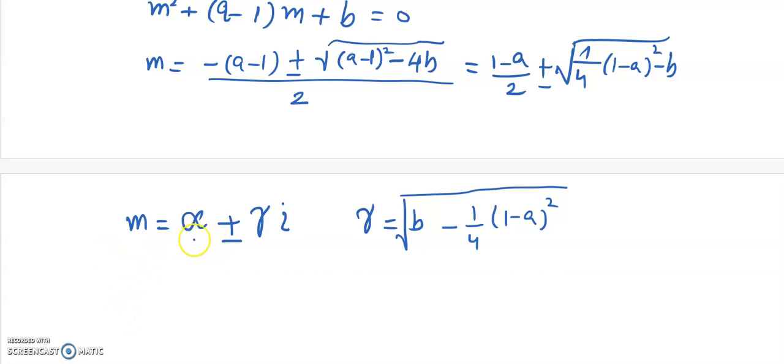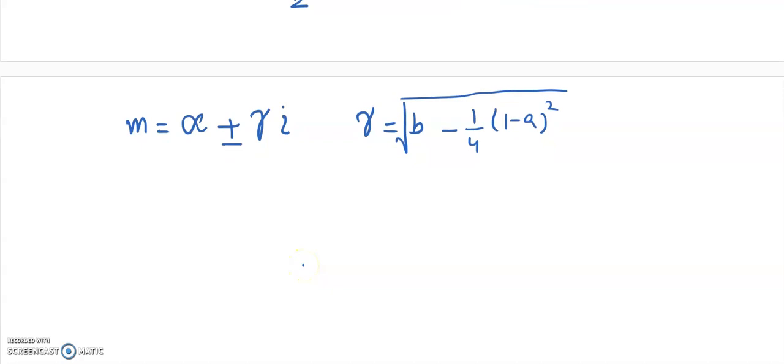So in fact these are the complex conjugate roots, but these are also distinct roots. So we can say that the solution for the distinct roots can also apply for these roots.